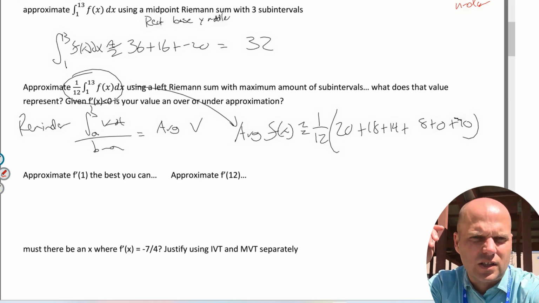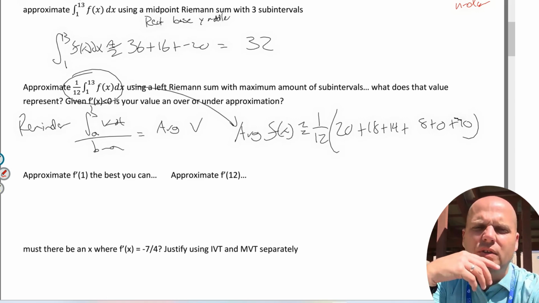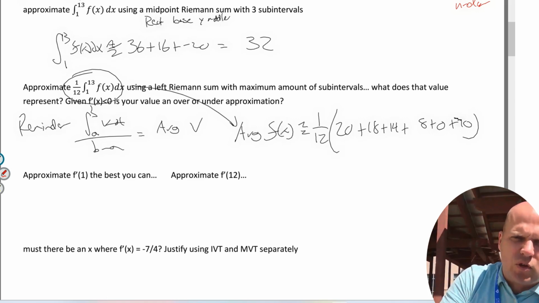Well, that works out nicely. This is -2, this is 12, this is 30, this is 50, 50/12ths.